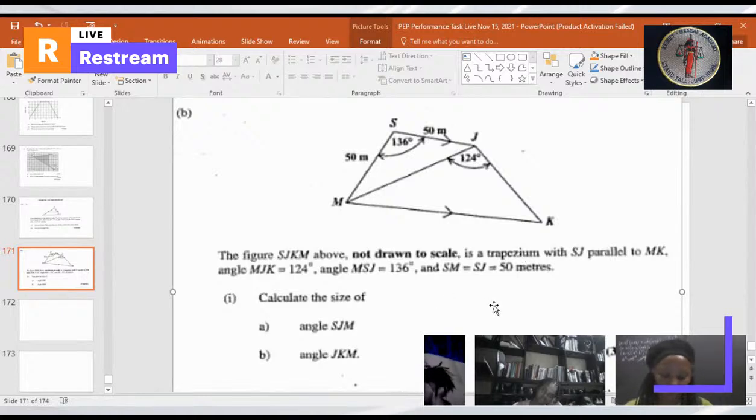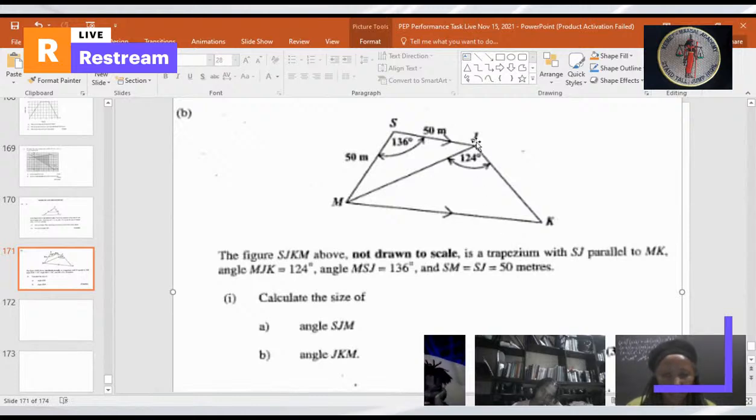Okay, so Miss, first we're going to do 124 degrees from 180 degrees. So you're saying take 124 degrees from 180 degrees and you'll get this angle here. No, wait, Miss, we get KJM.